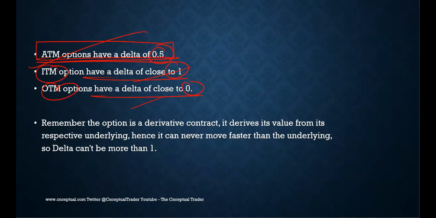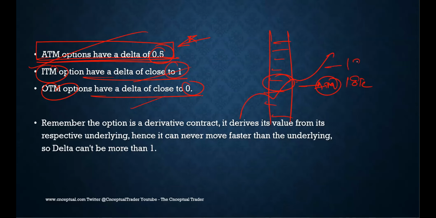Now you must have seen that ATM keeps changing. We have the option chain, and whenever the price of the underlying keeps changing, the ATM value keeps changing. At one point, let's say 18K is ATM, and if the market goes upwards, 18.1 will be ATM. If the market goes further upwards, 18.2 can be ATM.